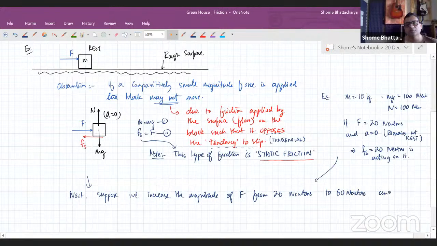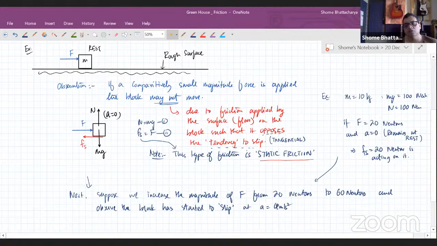Okay. And observe, the block has started to slide. It has started to slip at an acceleration of 4 meters per second square.